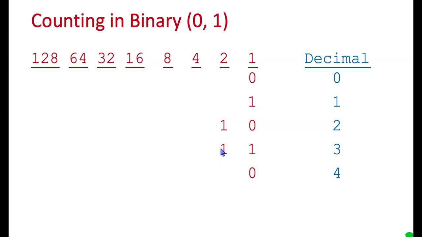I'm at 1. Same rule. We're at the last digit in our number system. We've got to increase this by 1. Put a 0 there and increment the next column by 1, which goes from nothing or 0 to 1. Now I have 1, 0, 0, which is 4. Nothing in the 2s column, nothing in the 1s column. Okay, and if I was going to do 5, I would just increment this 0 to a 1, bring these down, 0 to 0, 1 to 1, and I'm good there.